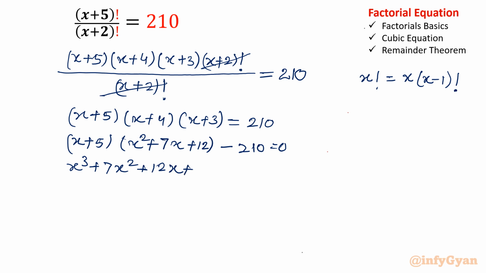Now multiply by 5: 5x square plus 35x plus 60 minus 210 equal to 0.